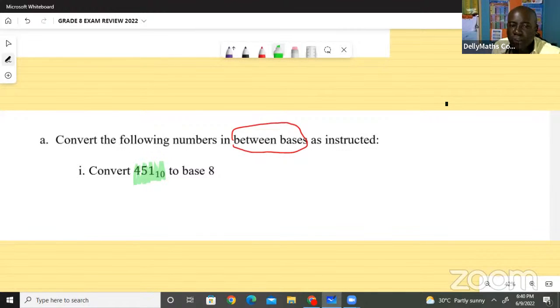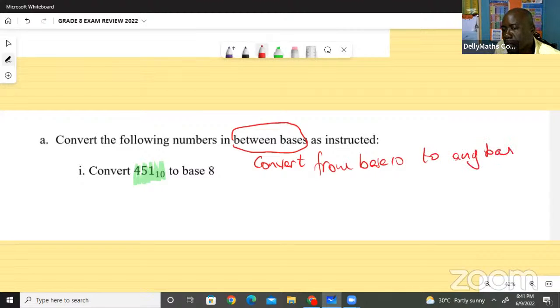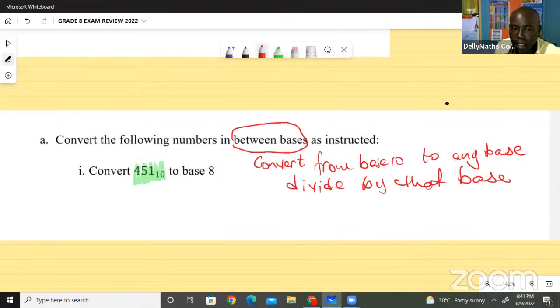Remember that when you're changing from base 10 to any other base, the idea is you will divide by that base. In this case, we're going to divide by 8.